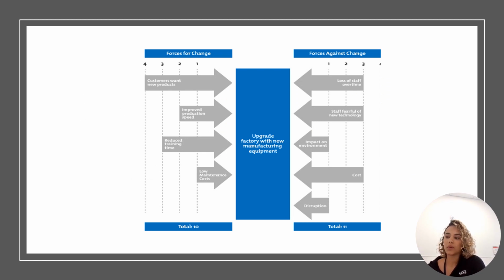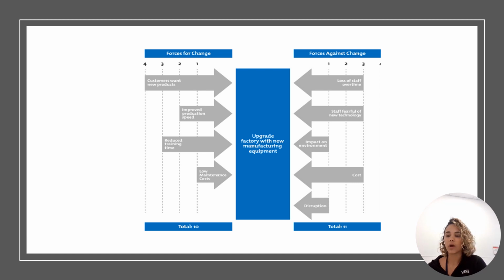So here's a good example of the force field analysis. You can see on one side you have the forces that want to change, and on the other side the ones that don't want to change at all. Each side has a numerical scale. You name your factors by collecting all the data. The project manager will collect all the data on the influencing factors that want change and also collect data about all the factors that are against that change.